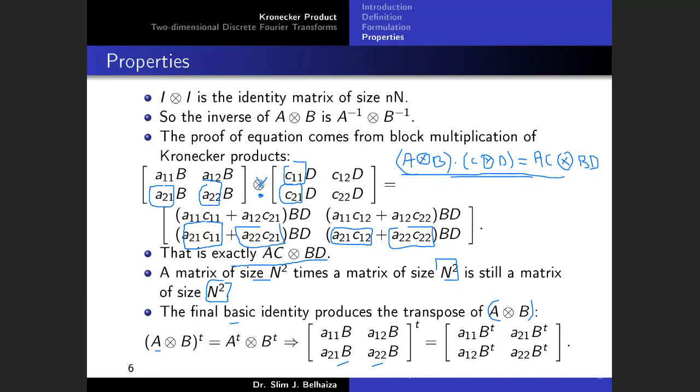If you transpose that matrix, you get A11B transpose, and this item shifts to this position, so you get A21B transpose, A12B transpose, A22B transpose. Got it? So these are some of the main properties of the Kronecker product.